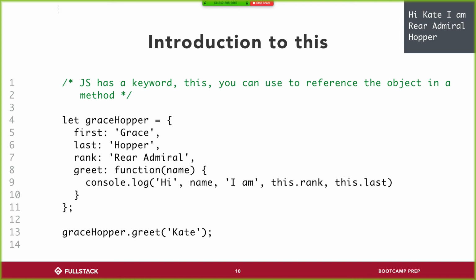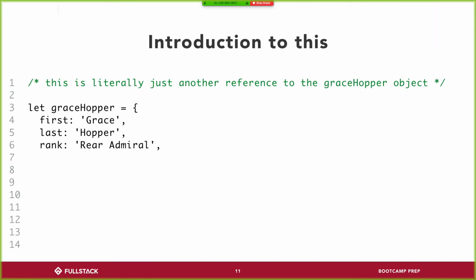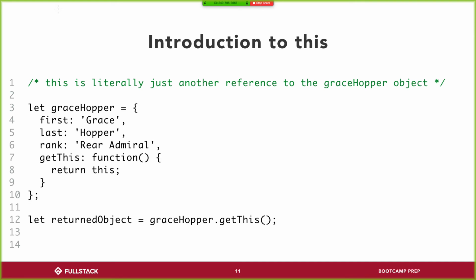So yeah, it's just another reference to the Grace Hopper object. So if we did get this, then the returned object would just be Grace Hopper. And yeah, we could just use it just like Grace Hopper.